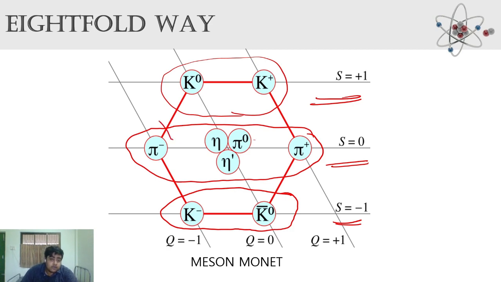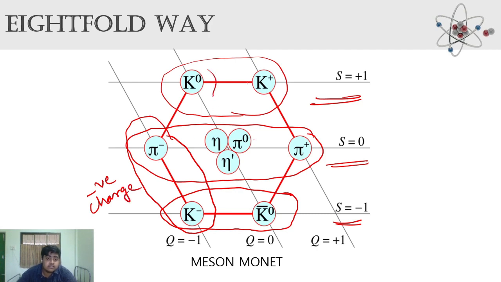And vertically, these two particles have a negative charge. These 5 particles are neutral, Q is equal to 0.